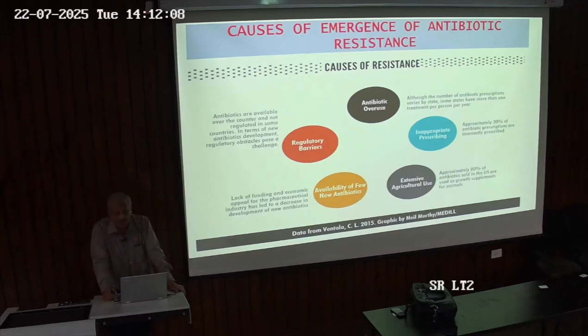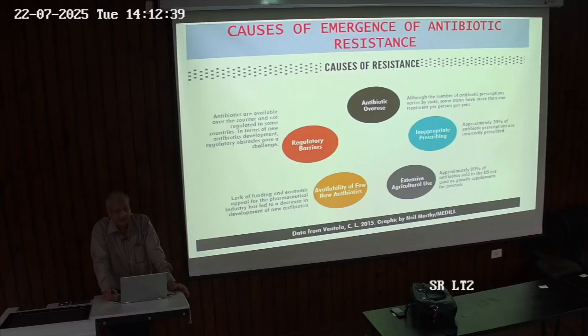Approximately 30% of antibiotics are incorrectly prescribed. So you have to decide empirically; like in sore throat, if you give amikacin, that is an inappropriate choice. Sore throat is mostly due to viral infection, so don't use antibiotics in such cases. But if it's a bacterial infection, of course you can use macrolides.